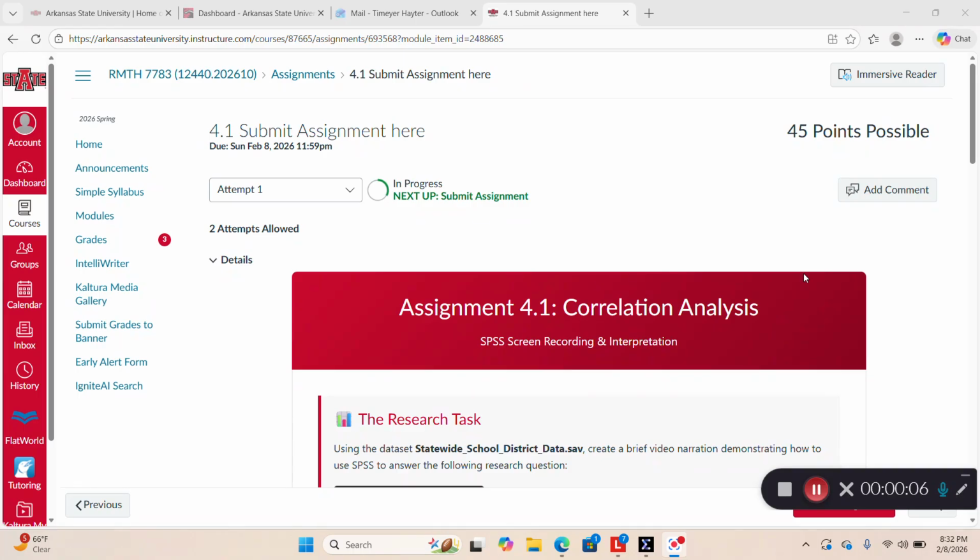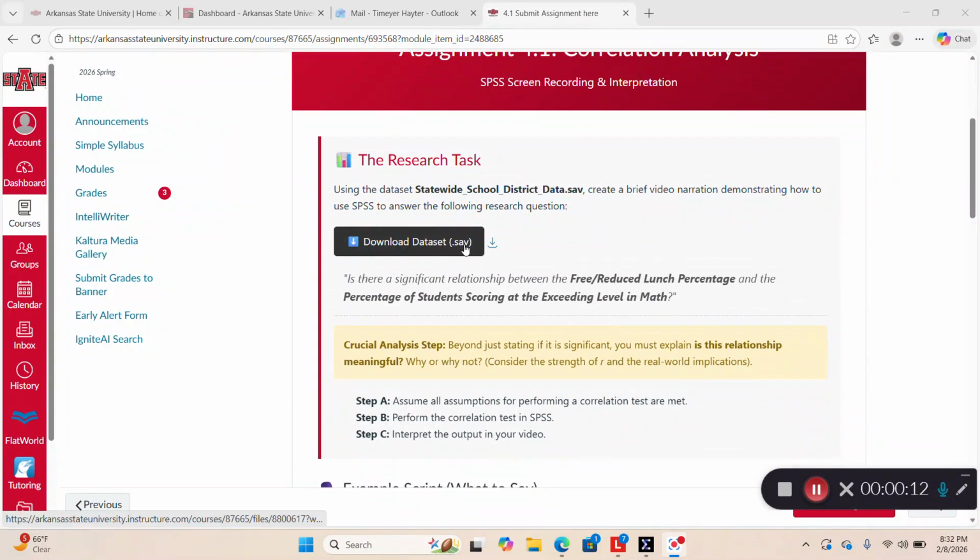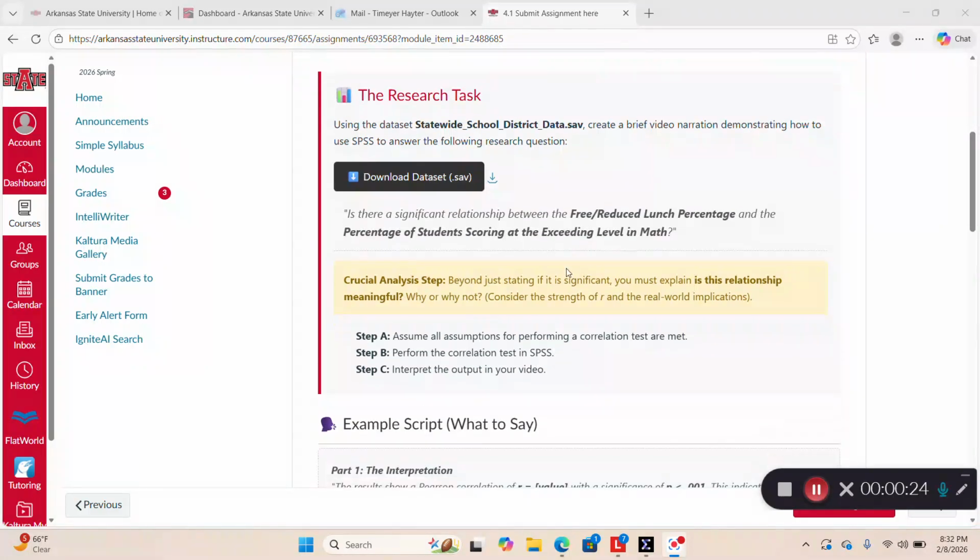I am in Module 4, Assignment 4.1, and we're going to get started with this assignment by reading the instructions. I already have the data set open. The instruction says, is there a significant relationship between free and reduced lunch percentage and the percentage of students scoring at the exceeding level in math? First, we're going to assume that all assumptions for performing a correlation test are met, then perform the correlation test in SPSS, and interpret it in our video.